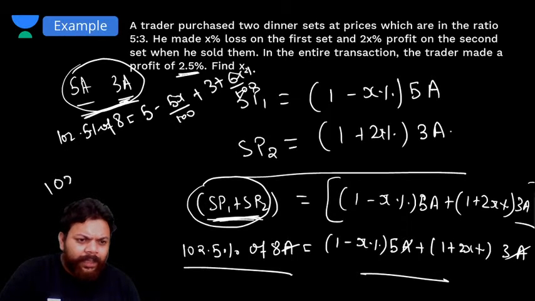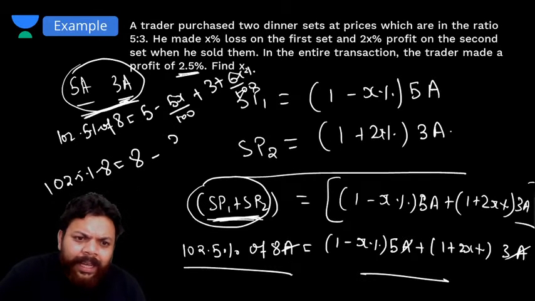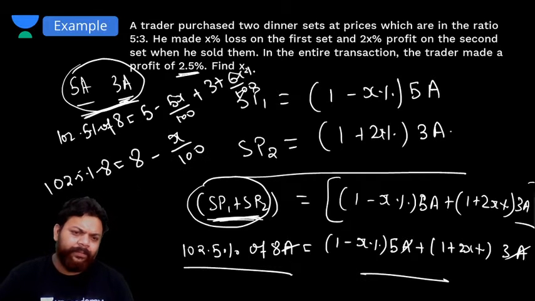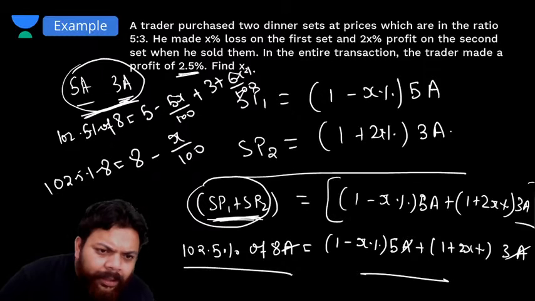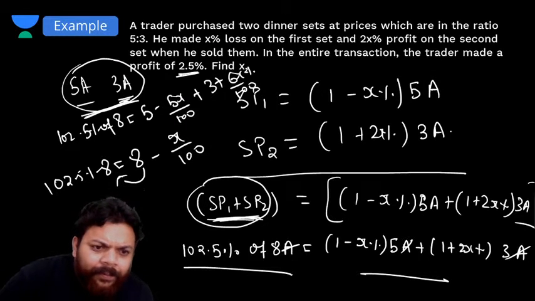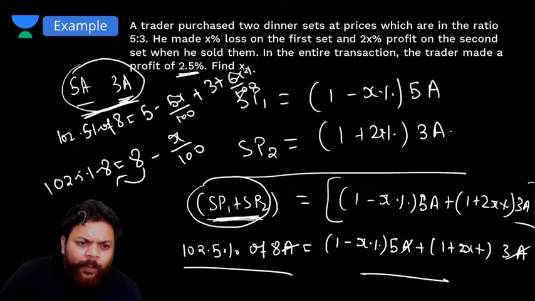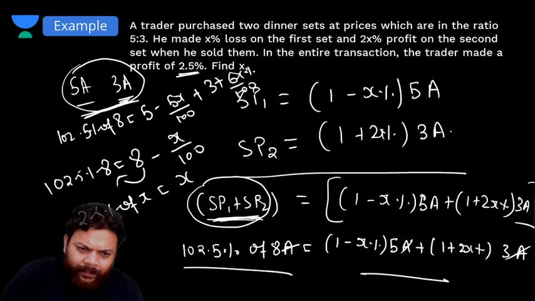That means 102.5% of 8 must be equivalent to 8 minus x by 100. So whenever I shift this 8 over there, I'll get 2.5% of 8 must be equivalent to x by 100.